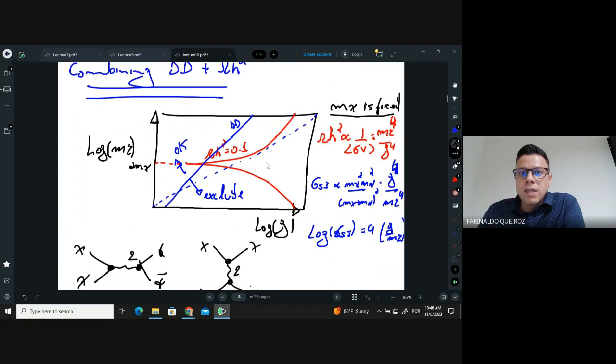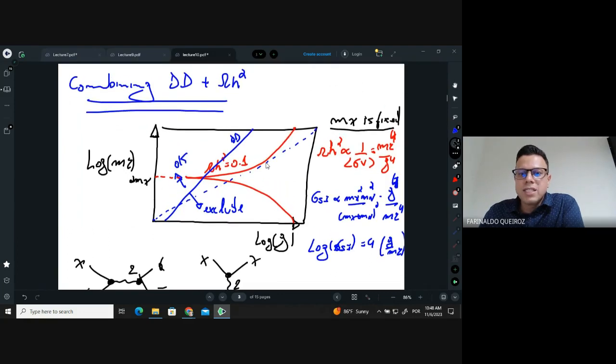Okay, so you see, now you look at this diagram, and now you're going to understand why direct detection experiments became so important. Because in many models, they are connected to the relative density, the same way as many of you know indirect detection is. Indirect detection is probing sigma v, right?